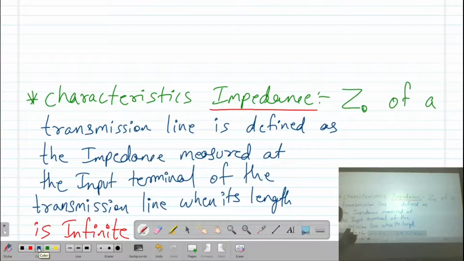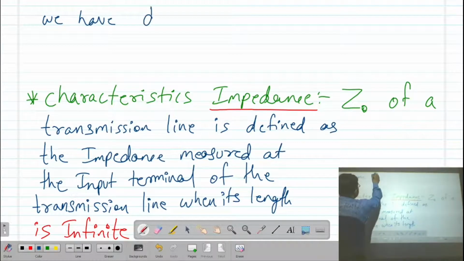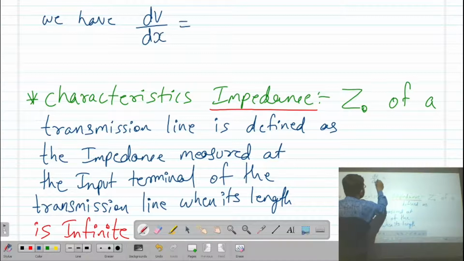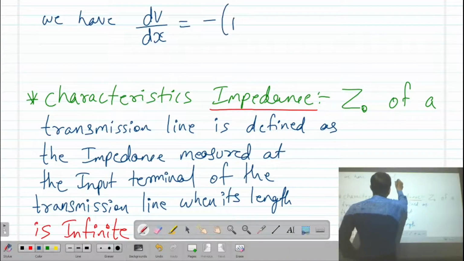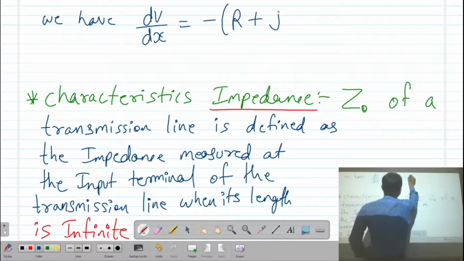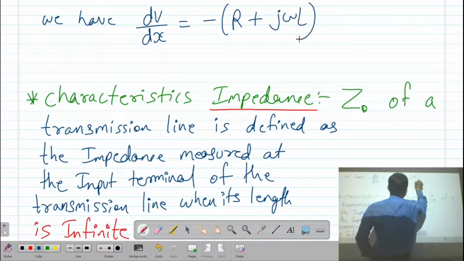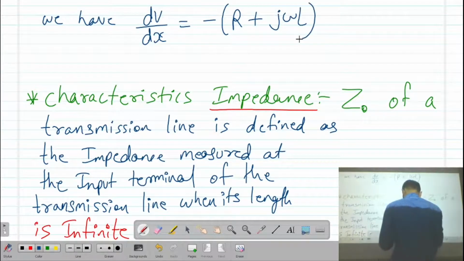Now let us see the steps to derive the equation for characteristic impedance. We already have the equation dV by dx is equal to minus of (r plus j omega L) into I, right?